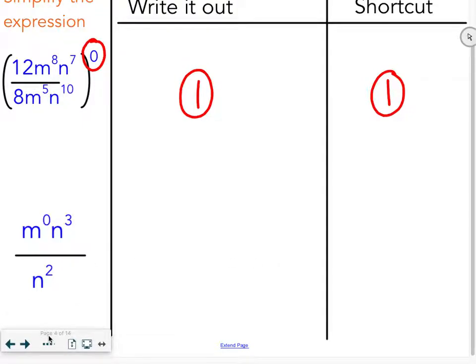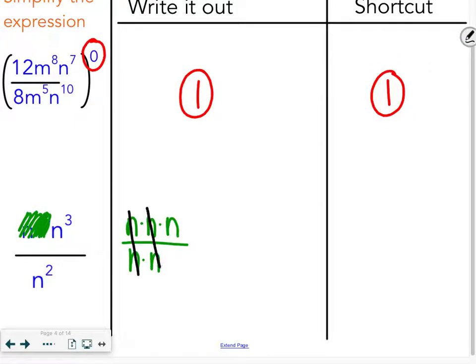When you have an individual variable with an exponent of 0, so this one is n to the 0, n to the 3rd, over n squared, all I'm going to do is just get rid of it. Completely ignore it. It's not even worth writing it. Forget it's there. Then on this one, I'll expand. So 3 n's on the top, 2 on the bottom.